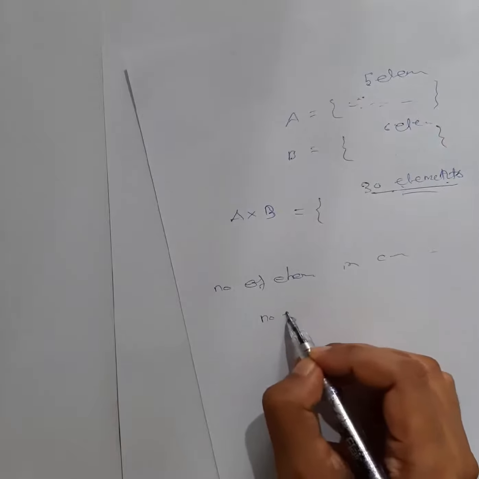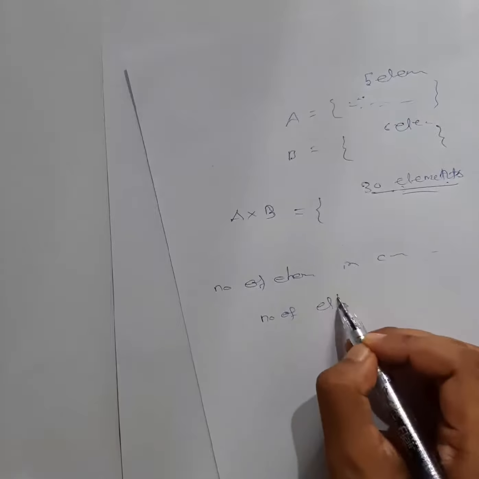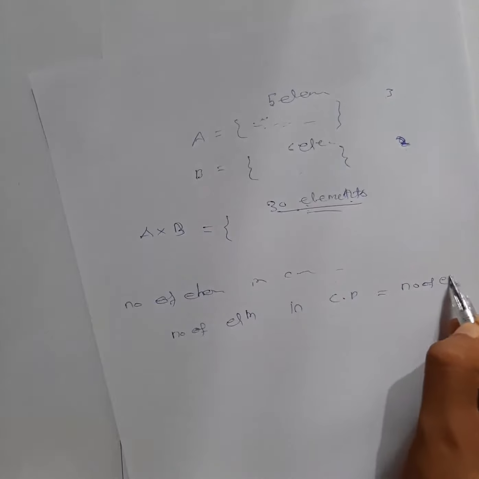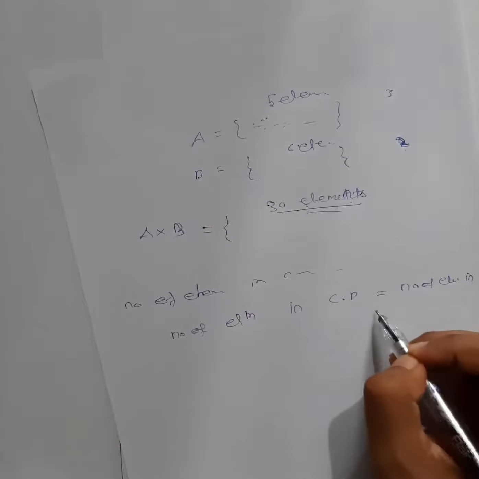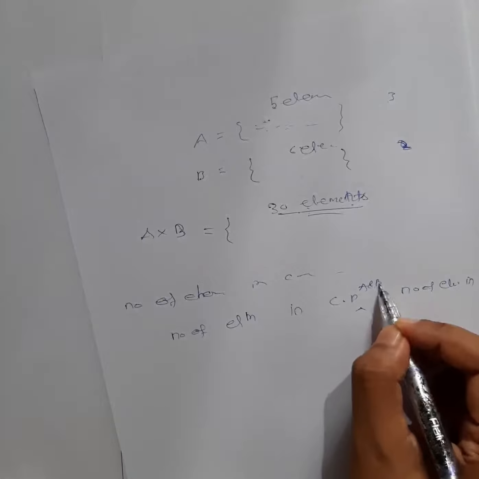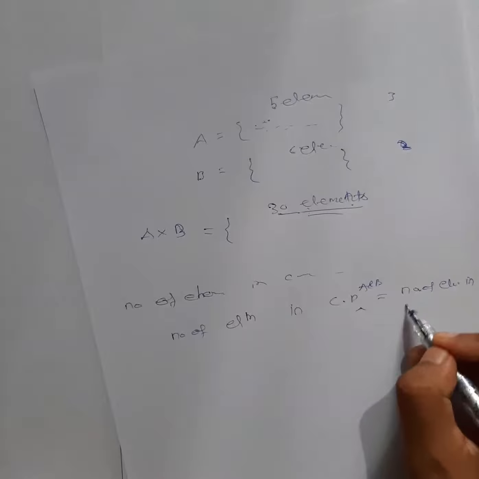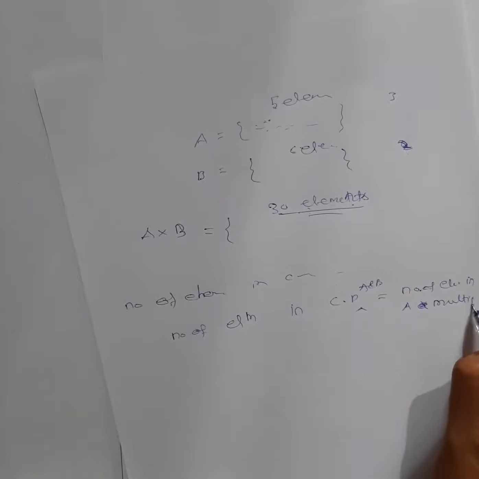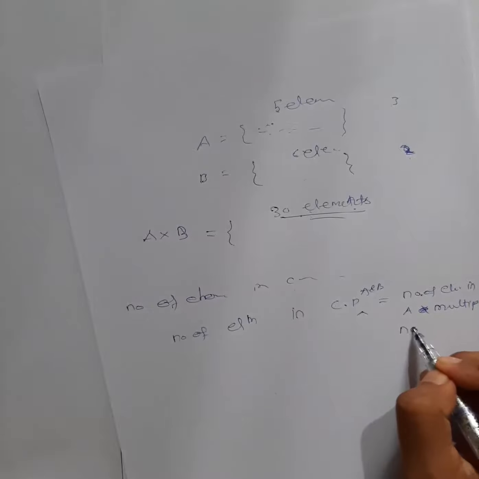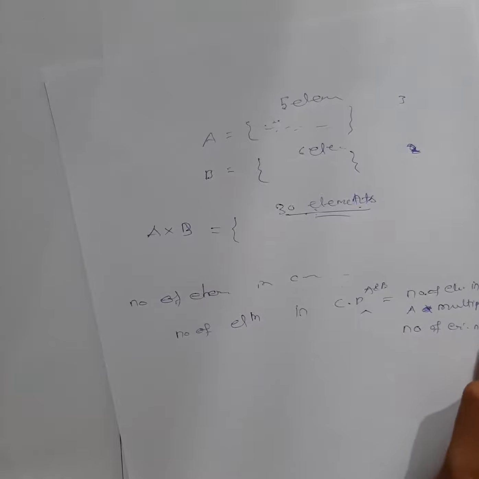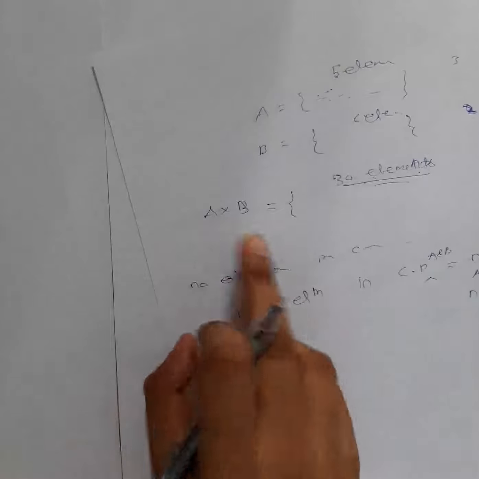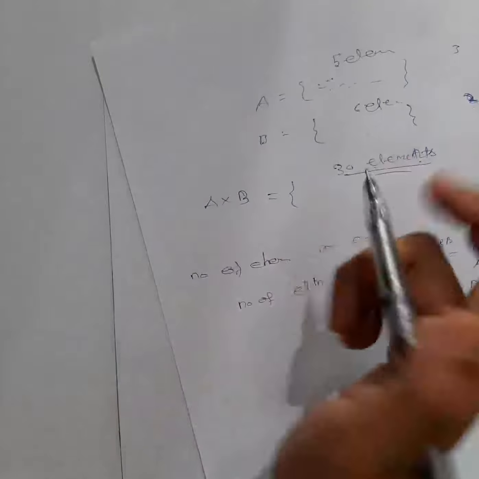The number of elements in the Cartesian product A and B is equal to the number of elements in A multiplied by the number of elements in B. Means if you have to find how many elements will be there in this set, very simple.